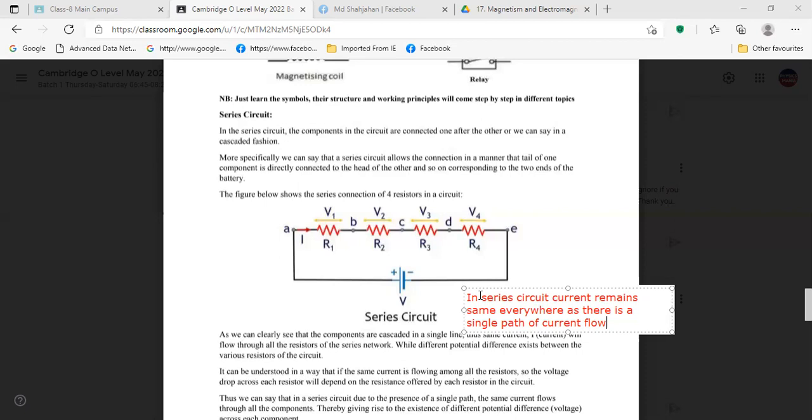So in series circuit, we have this very important point, that everywhere the current is same. And why is the current same? Because we have a single path in the entire circuit, right? Current flow.